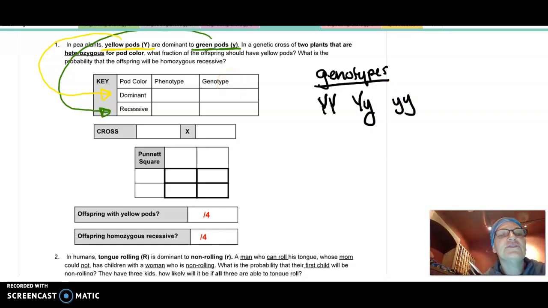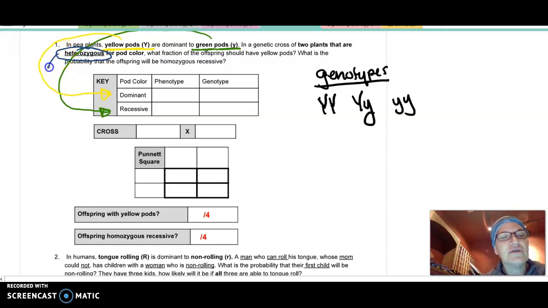The next thing it asks you to do then is it gives you the cross. So in a genetic cross, you're crossing 2 plants that are heterozygous. So again, we're doing heterozygous. You got to remember, go back to my question before, what is heterozygous?